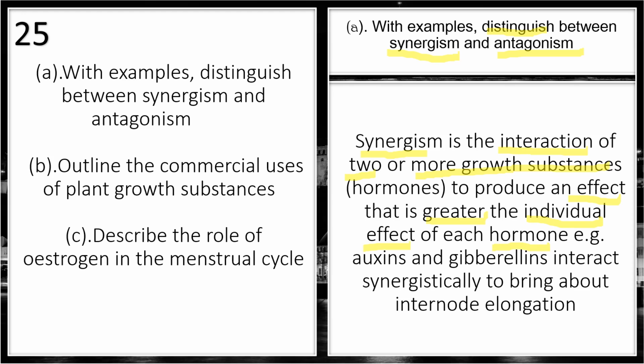For example, auxins and gibberellin interact synergistically to bring about internode elongation.